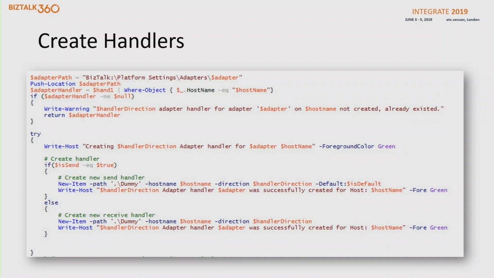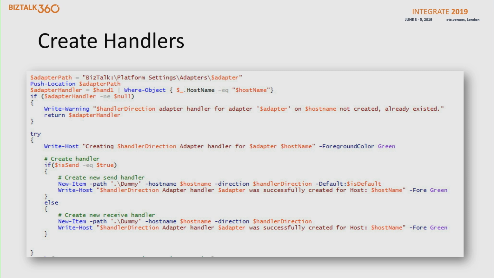So just handle them with your error handling code. You do retries to get them in place. And it's quite straightforward to navigate to the right location and do a new item.